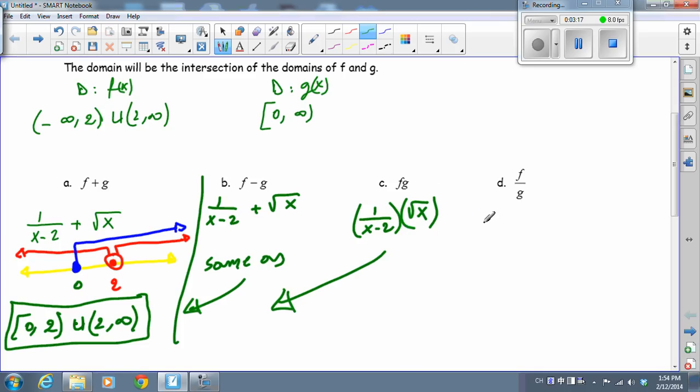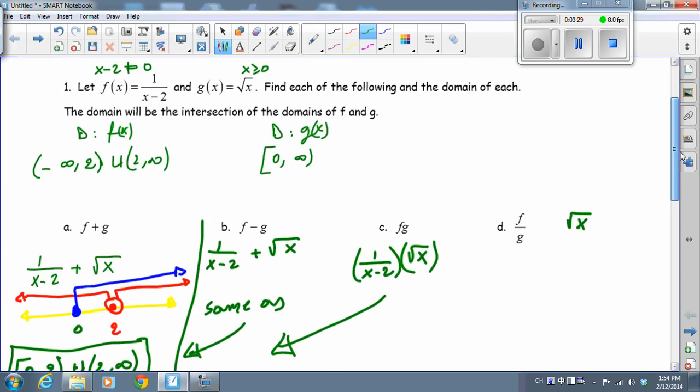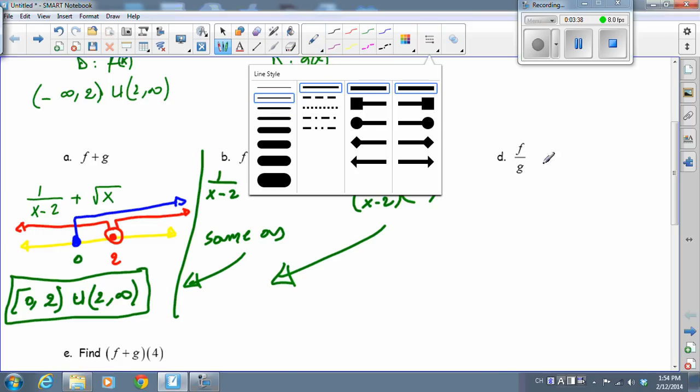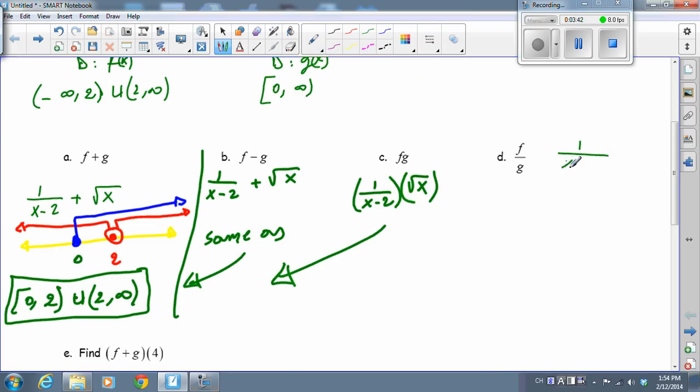Now for f of x over g of x, that will be square root of x, that's f of x. Actually, square root of x is g of x. So for f of x over g of x, what I will do is go ahead and start by writing f of x, meaning 1 over x minus 2 over g of x. g of x is square root of x.